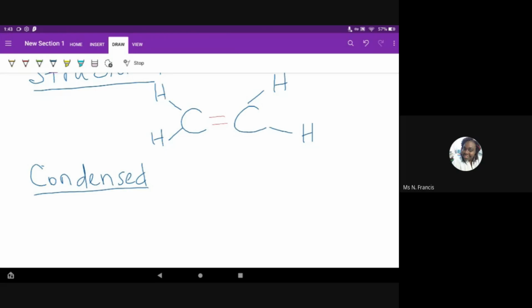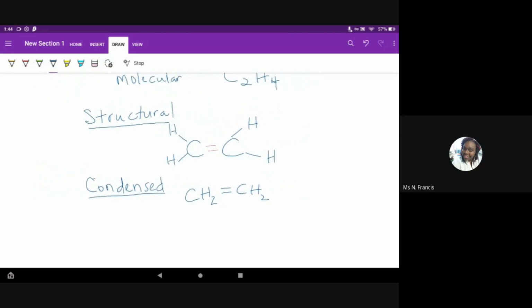We can't do it so much with the alkenes because we need to show the double bond. So to write our condensed formula, we are still going to write carbon number 1 and how many hydrogens attached, but then we're going to show the double bond in the condensed formula. And that's your example for ethene.